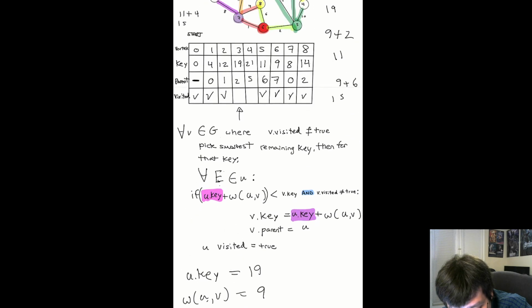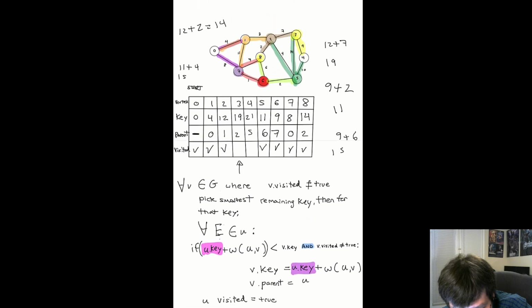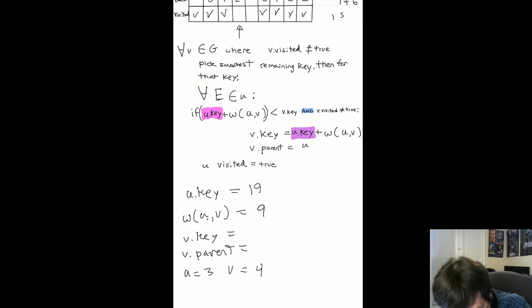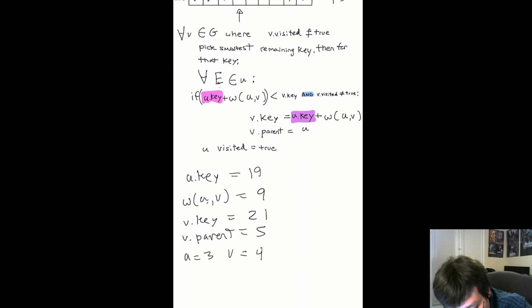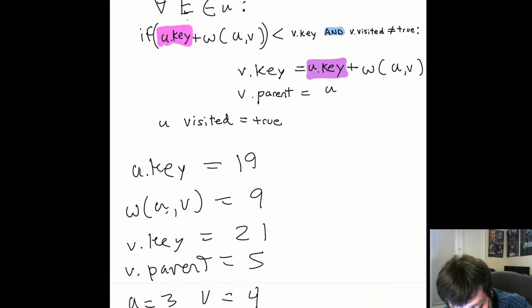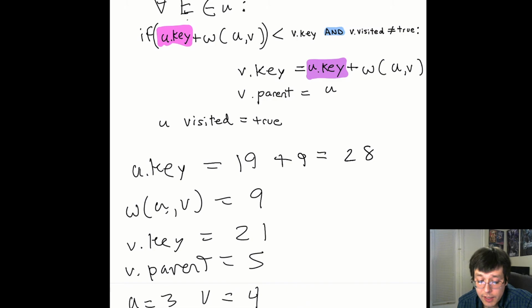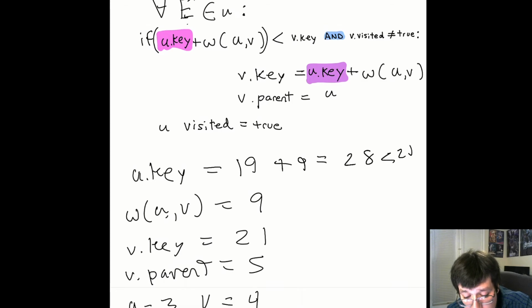The V key, currently what does 4 have? 4 has a 21. And who's the parent of 4 right now? 5. So now that we have all this data, we run the code. We can say if U key plus W(U,V), so if 19 plus 9, which is equal to 28, is less than 21 and V visited is not equal to true.